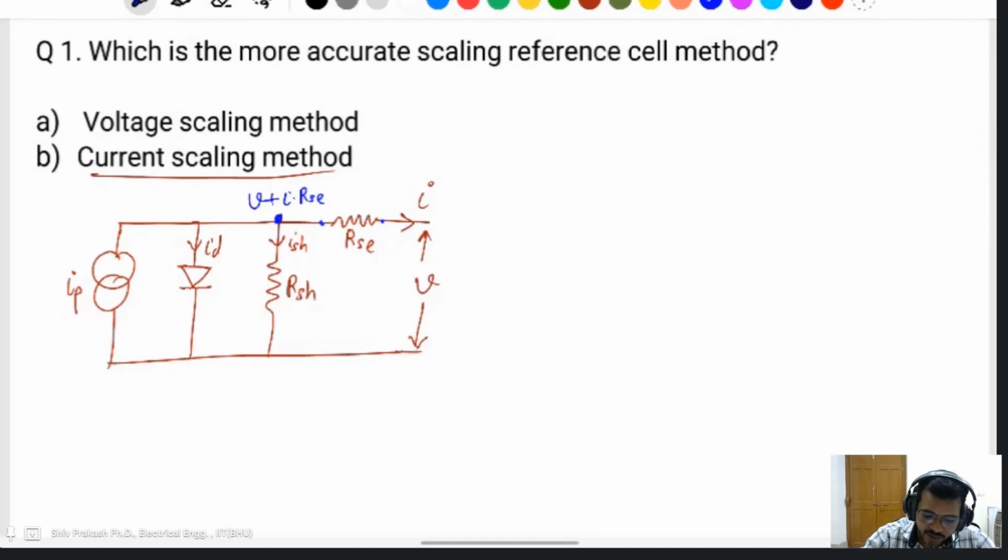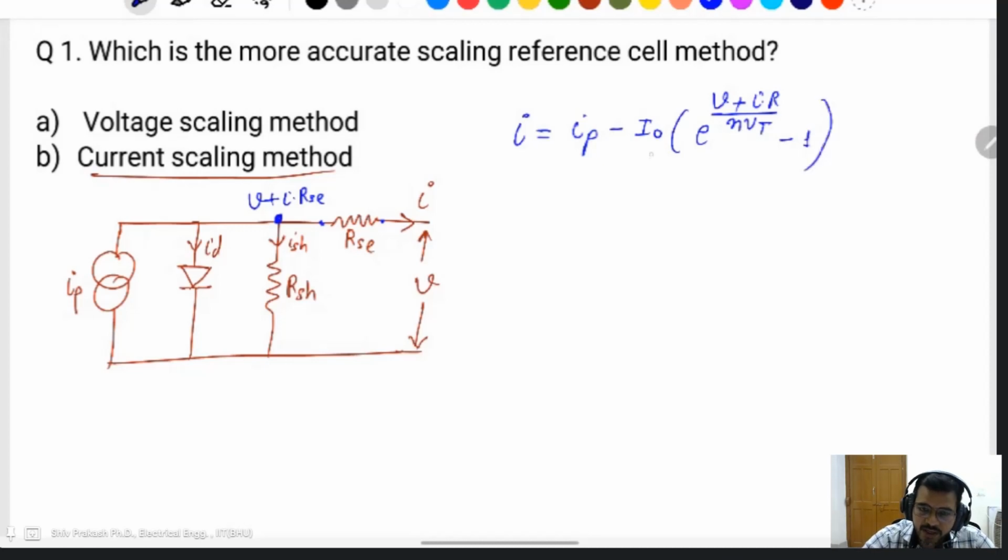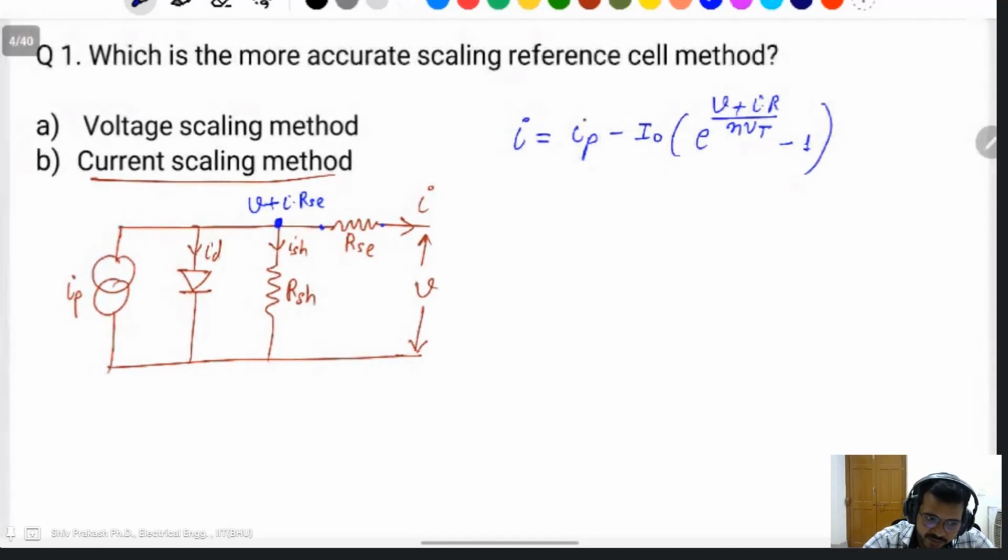Then after calculating the current, you get IP, the terminal current relation between all of these: I naught e to the power of (V plus I into RSC). This is the diode current expression, where I naught is the saturation current of the diode, minus this voltage drop.